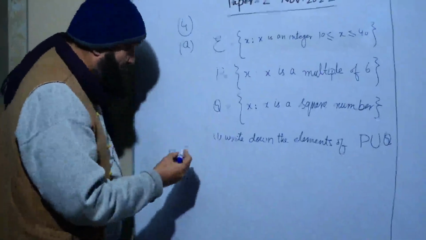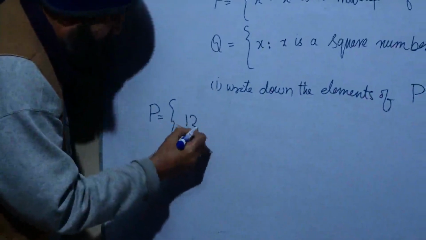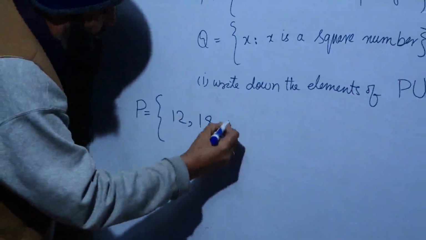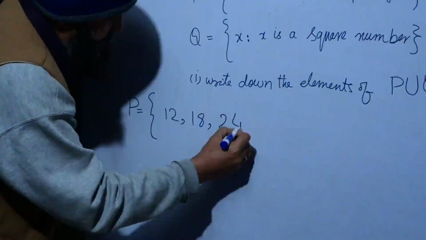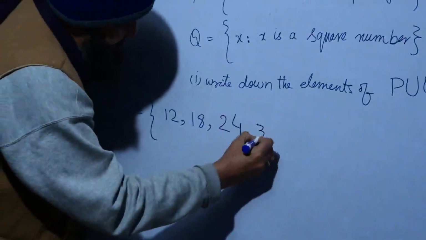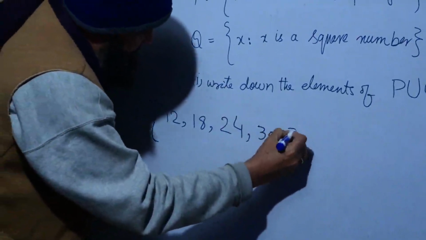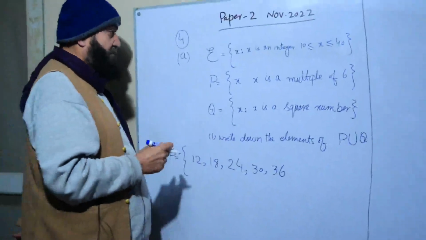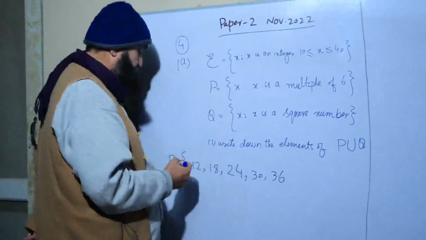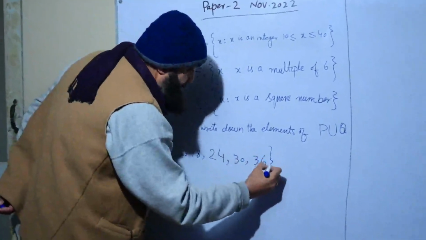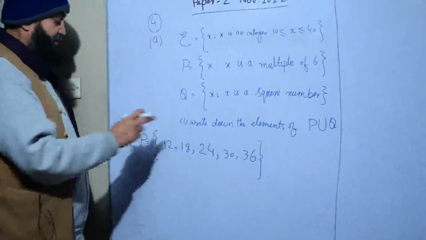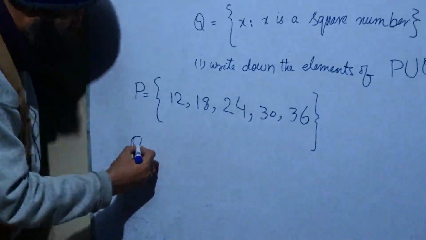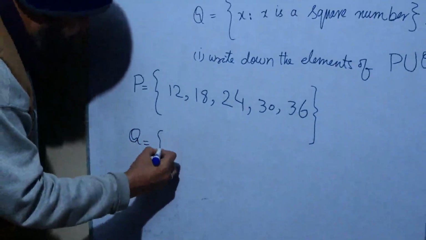But 6 twos are 12, so 12 will be here. 6 threes are 18, 6 fours are 24, 6 fives are 30, 6 sixes are 36. So these are the multiples of 6 which lie between 10 and 40. So the P set consists of these elements.